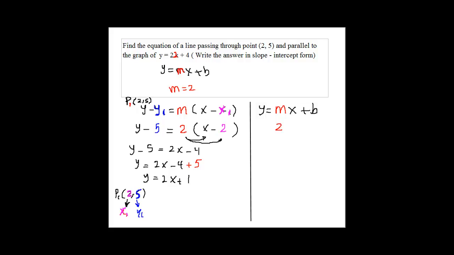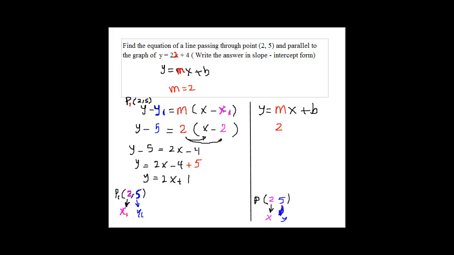Okay, so if I were going to use the second formula, slope-intercept, I could treat that given point as point P, and everywhere I see x, I would substitute 2, and everywhere I have y, I would substitute 5.